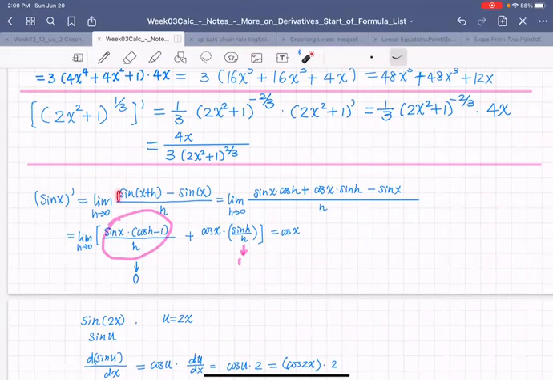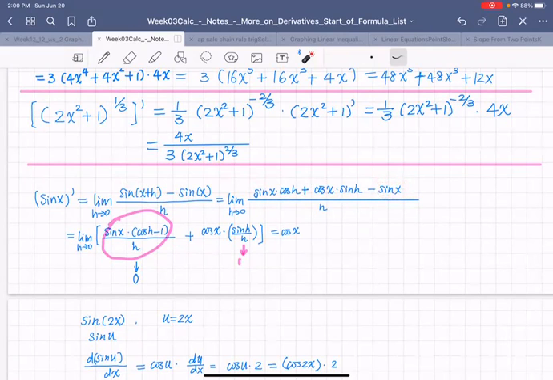Here, sine is your f of x. So f of x plus h means sine of x plus h, minus sine x, divided by h. I suppose students in this class have no trouble writing down this formula. That's sine x times cosine h plus cosine x times sine h, and then minus sine x.